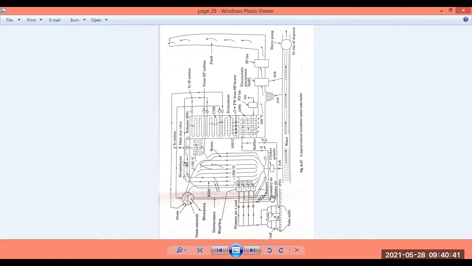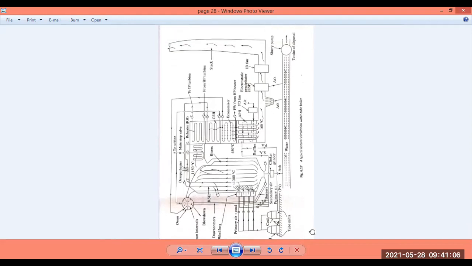Here the secondary air and primary air and the clinker grinder are shown, and from here it goes up to the radiant superheater. Here the temperature of the furnace is around 1300 degrees centigrade. The primary air and coal are sent through this primary box.